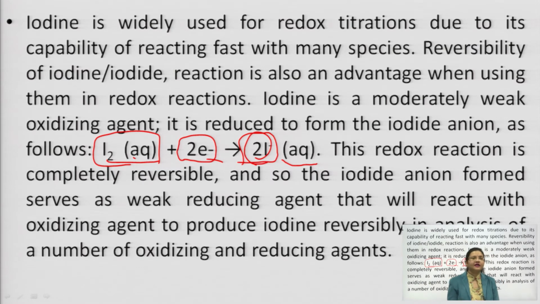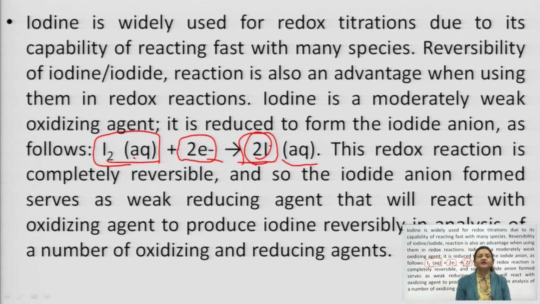So if this reaction is reversible in a redox process, then both species, iodine as well as iodide ion, can act as oxidizing agent and reducing agent. What does that show? It shows that they can react with a number of available reducing and oxidizing agents.